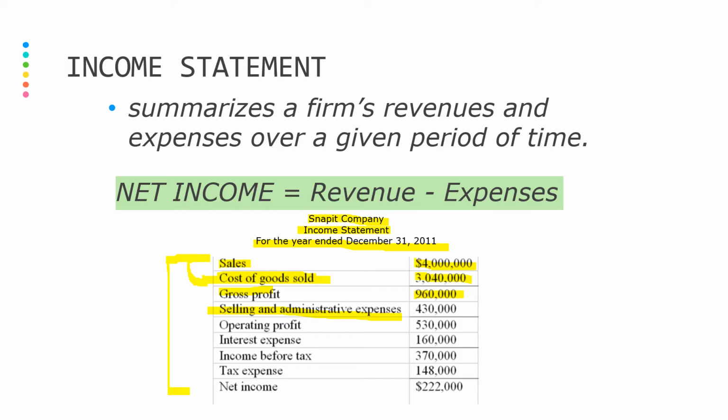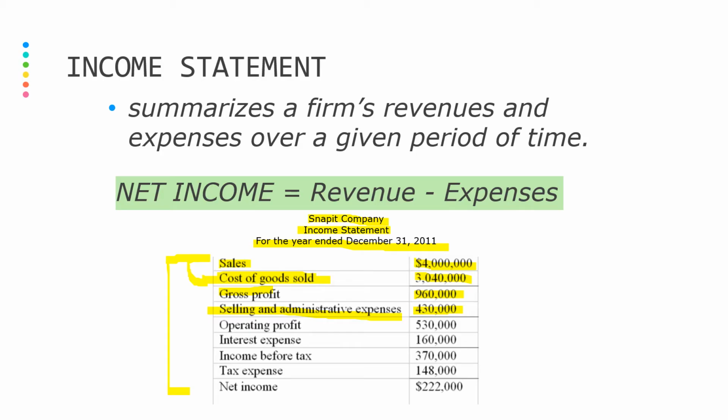This is the sum of all direct and indirect selling expenses and all general administrative expenses of a company. So this includes the cost to sell and deliver products and services and the cost to manage the company. So here we have a total selling and admin expenses of 430,000.